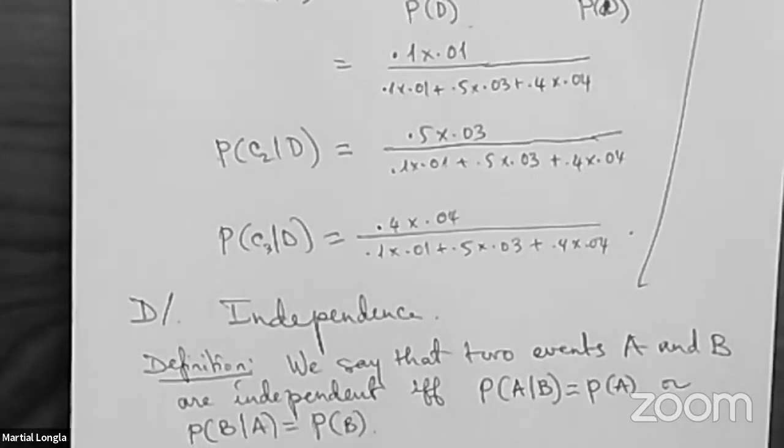That two events are independent if knowing one doesn't affect the other one. Does that make sense? Which is very different from disjoint, which we had last time.